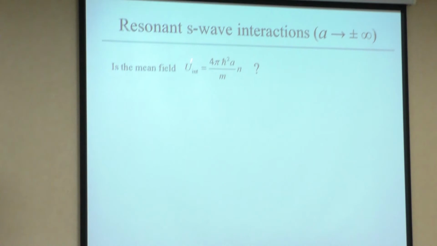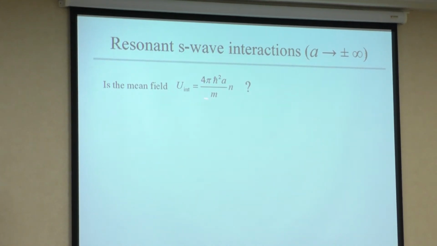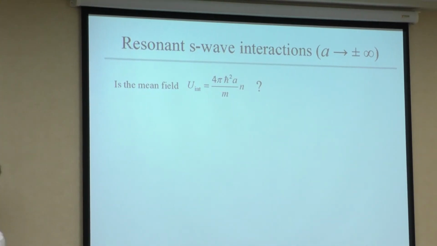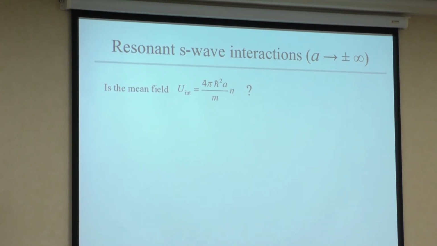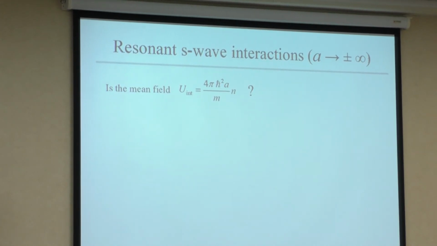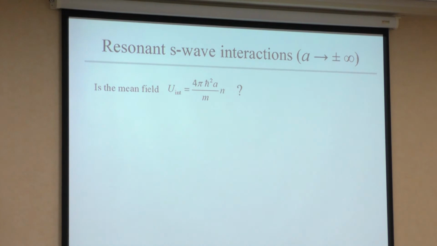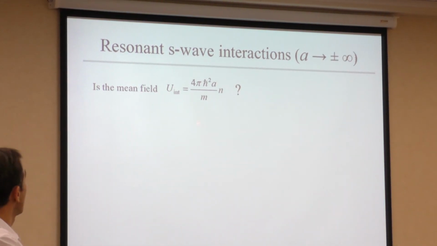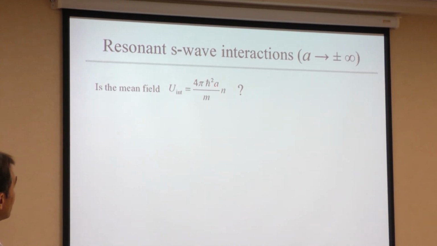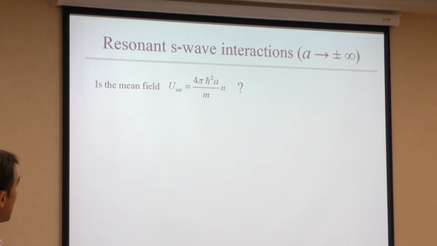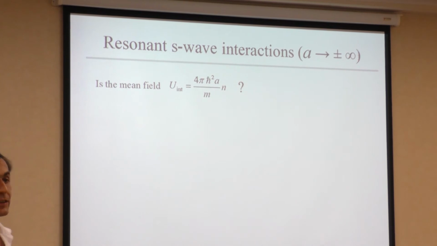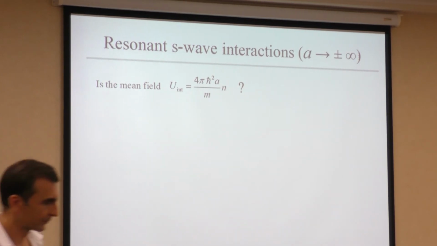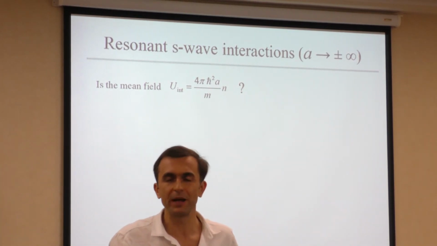Let's write down the mean field interaction energy in the form which is known for small scattering length, where the scattering length is just a small perturbation. So let's write it down. Interaction energy is proportional to a, the scattering length, and the density. And let's write down the energy balance equation.